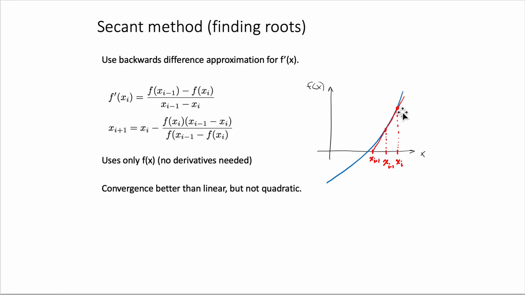Instead of getting the real Taylor series line, you get an approximate line, and you can solve for the root in something like an approximate Newton's method, right? The convergence of this method is a little bit slower. It can also diverge in the same way that the original Newton method can. But the benefit here is that you don't really need a formula for f prime.